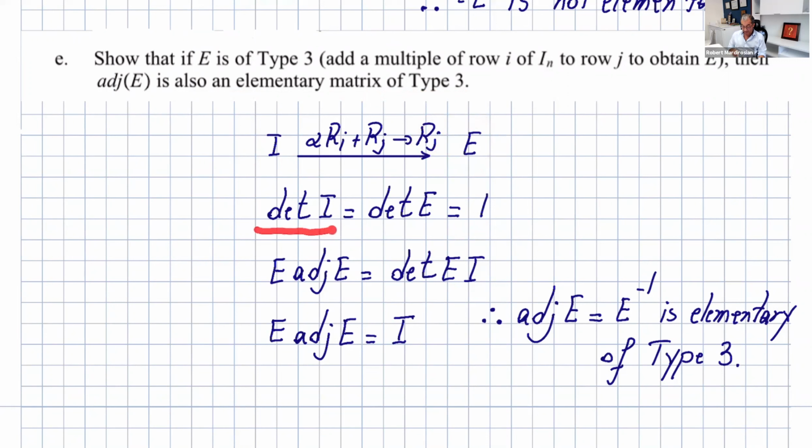This operation doesn't change the value of the determinant, so the determinant of I is the determinant of E, and that's 1. E times the adjoint of E is the determinant of E times I, and the determinant of E in this case is 1. So it's just I. So E times the adjoint of E is I, therefore the adjoint of E is just E inverse. And we know the inverse of an elementary matrix is also an elementary matrix.